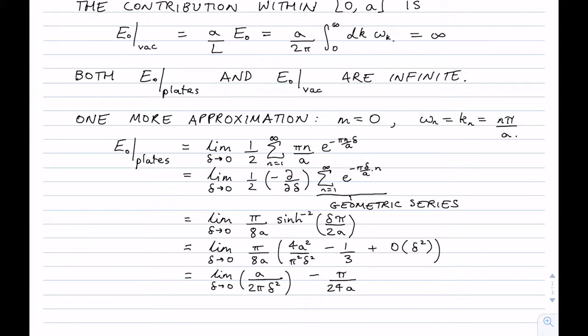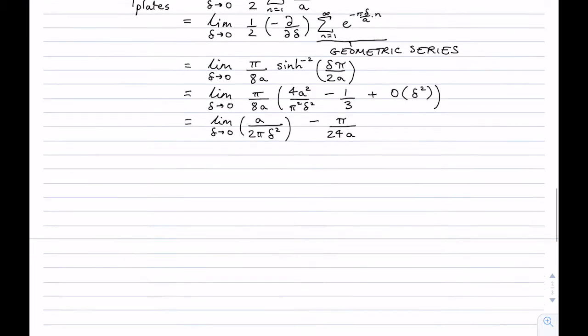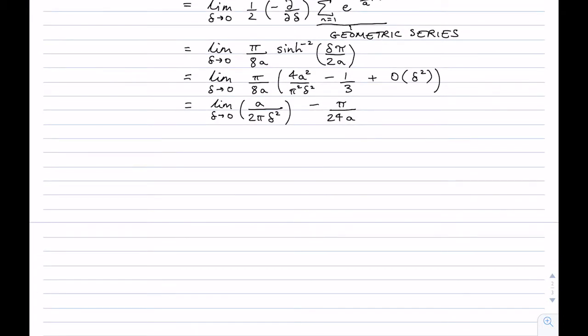And now delta has gone to 0, so they've gone. So now we've actually regularized this. We have the first term containing all of the infinity. It's 1 over this delta squared as delta tends towards 0, so that's very infinite. And the second term is finite. That's regularization. So now we can work out the case without the plates.